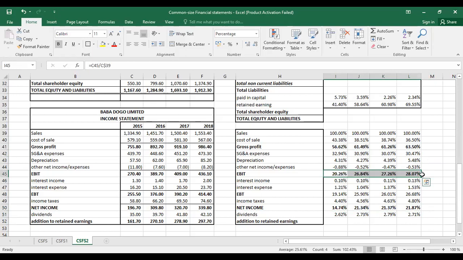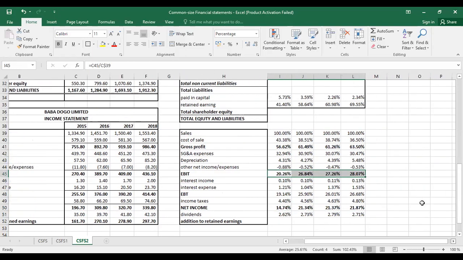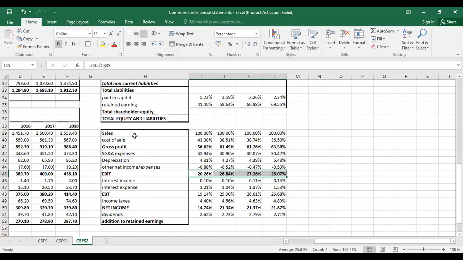Control B. So maybe when you are forecasting, you are told selling, general and administrative expenses are modeled as the 3-year cumulative average. You take the 3 years and find the average that you'll use in the forecasting. But generally, common size financial statement is presenting the statement as a percentage.